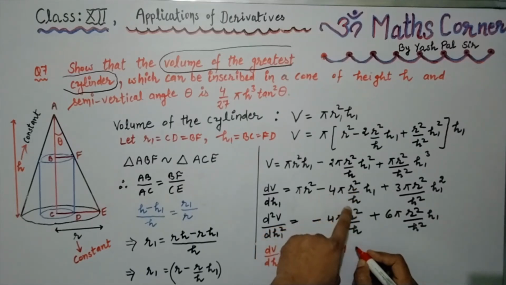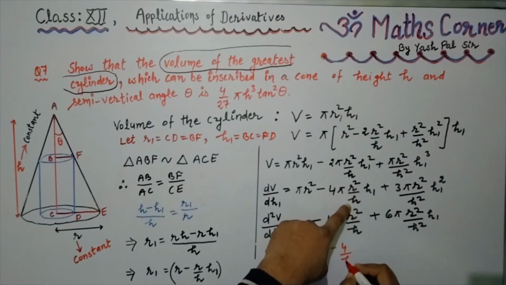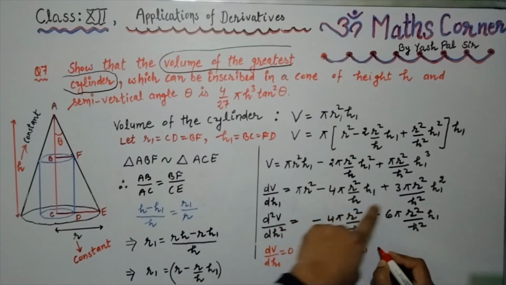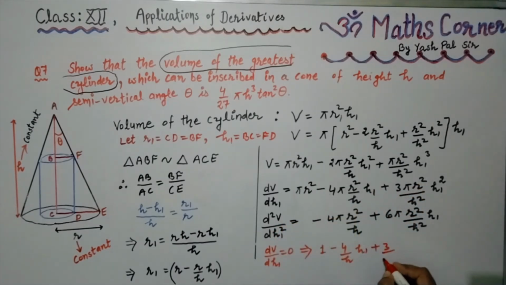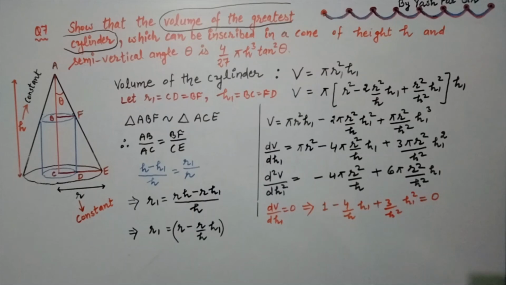What we are left with is 1 minus 4 upon H into H1 plus 3 upon H square into H1 square is equal to 0.